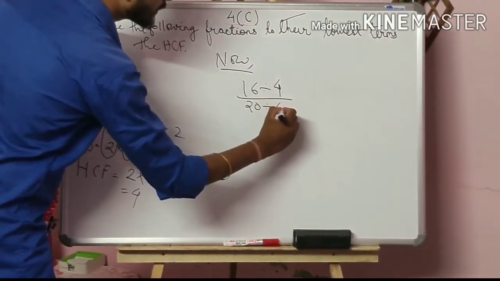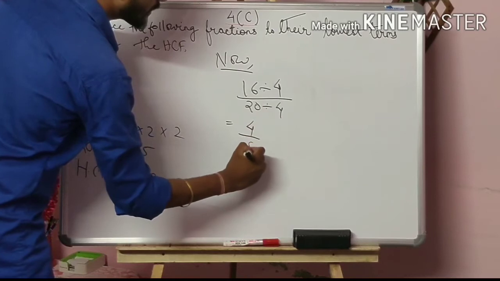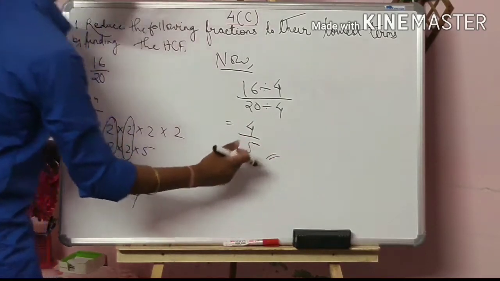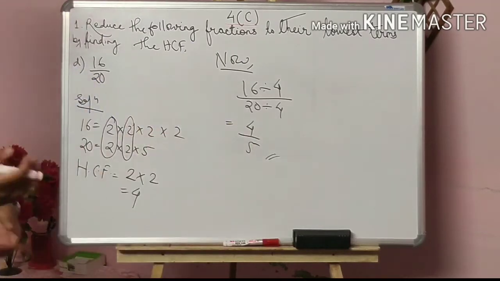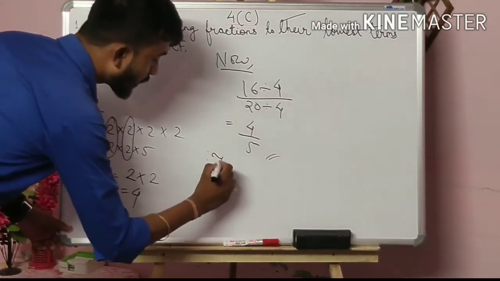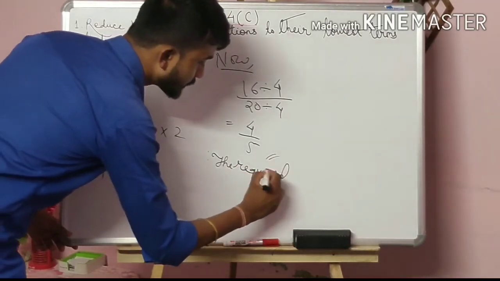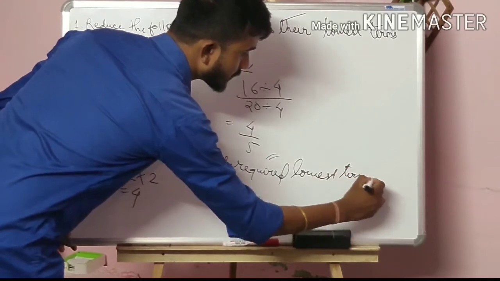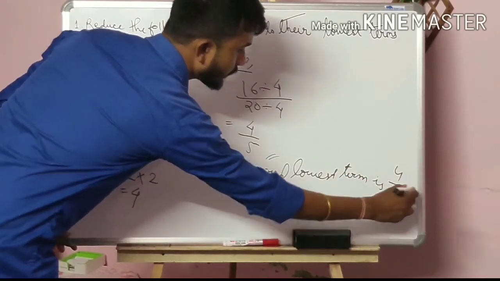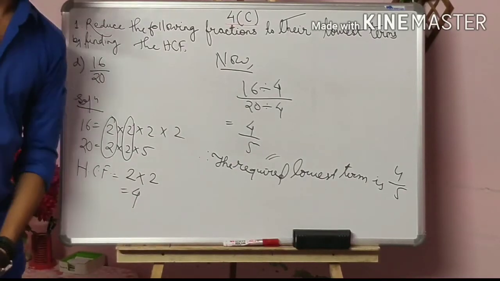So 4 4s are 16, again 4 5s are 20. So our required lowest term is 4 by 5. Then you have to write, therefore the required lowest term is 4 by 5.